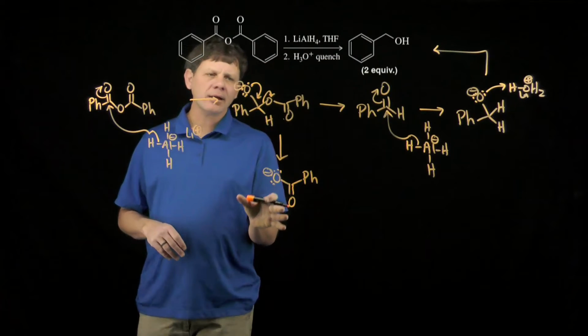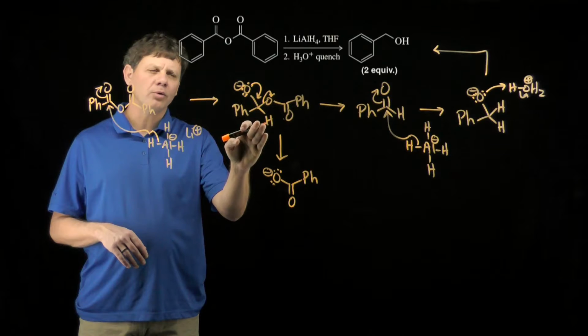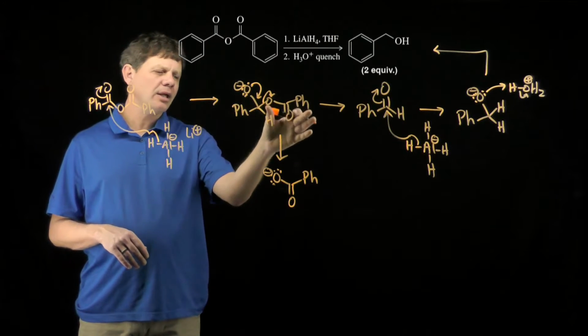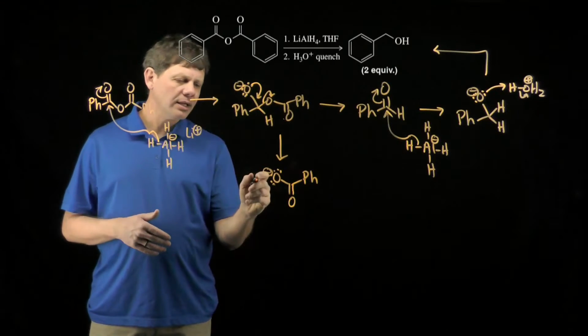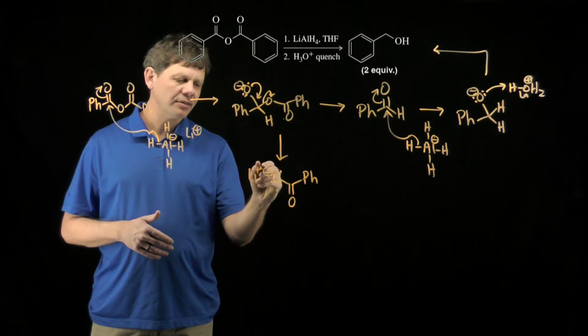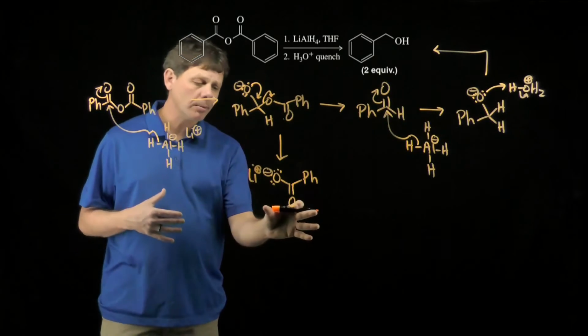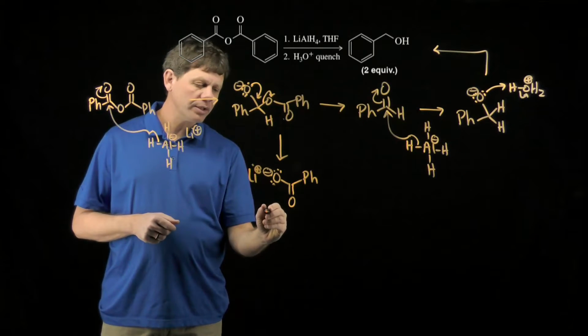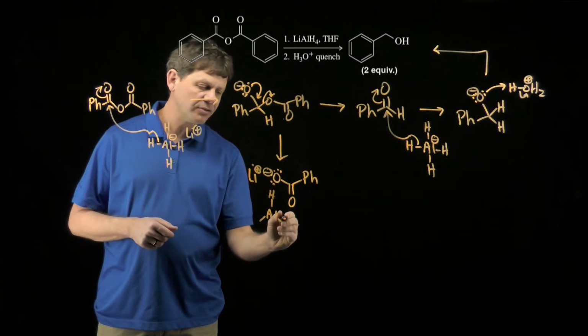Well, to answer that question, we come back over to when this tetrahedral intermediate decomposed earlier. These electrons came down and kicked out this benzoate here. Now, this benzoate is probably going to be hanging out by the lithium cation. And recall that carboxylic acids, or carboxylates, can undergo further reduction with the alane that was produced in this first step.